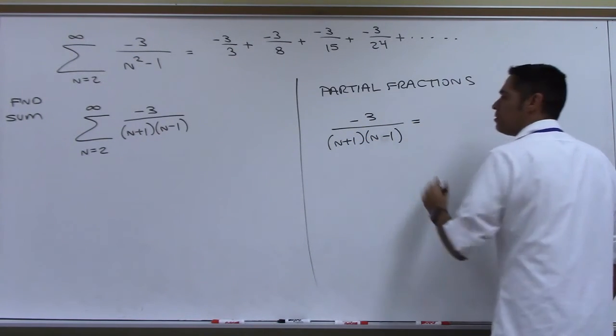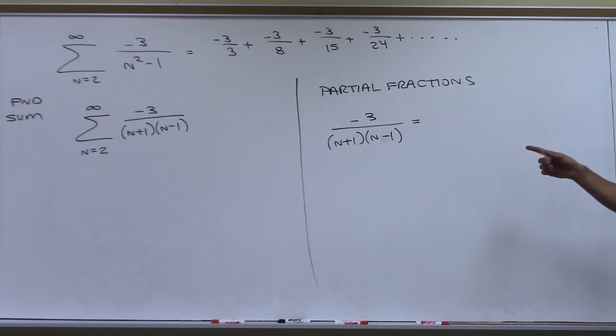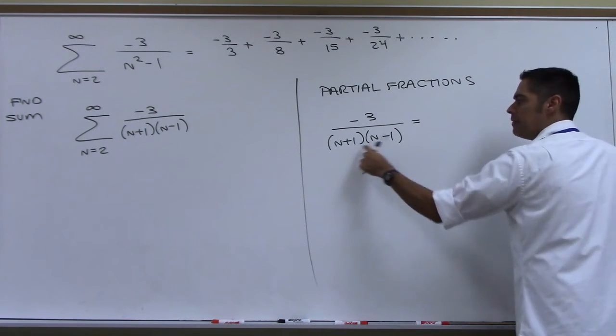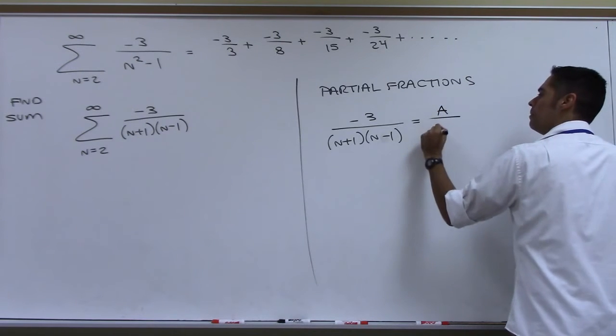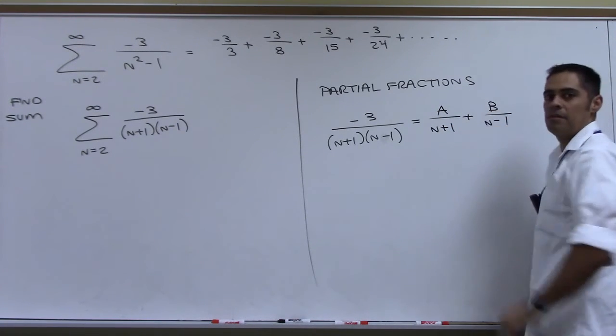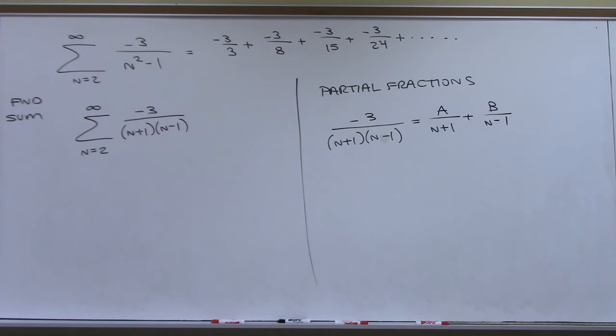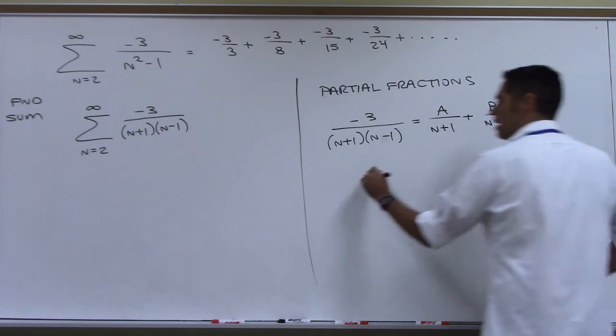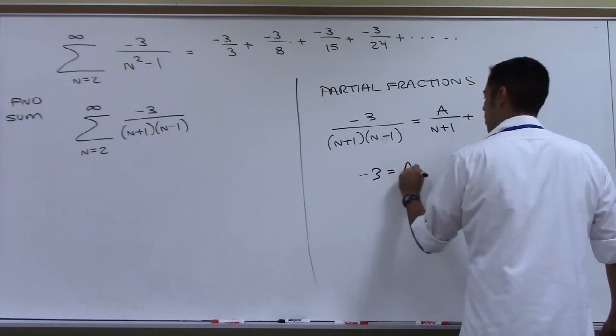The way we did this, we had two distinct linear factors, right? So I put A over n plus 1 and then B over n minus 1. And then I figure out what A and B are. We've done this a lot, I hope.